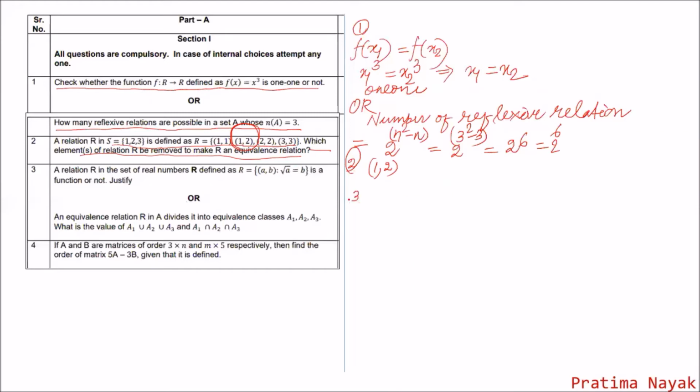Now coming to question number 3. A relation R on the set of real numbers is defined by (a,b) such that root a is equal to b. This is defined on real numbers, and you know that the square root of a negative number is not a real number. So root a cannot be defined for minus infinity to 0.